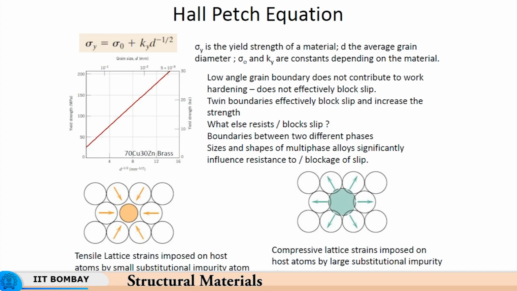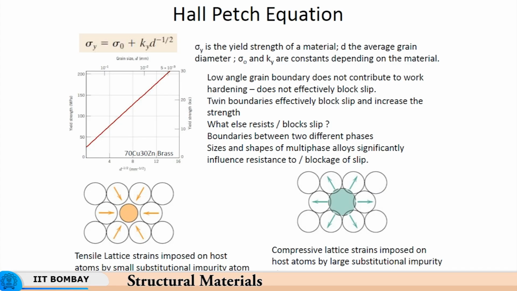So you have stresses being imposed by these, and these stresses are the ones which impede the easy dislocation movement, because if you have the compressive field of the dislocation interacting with the compressive stress generated by an interstitial, then there will be repulsion between the two. So it will not aid dislocation movement. On the other hand, if it is the opposite, then it will help dislocation movement, so the material will tend to behave soft.